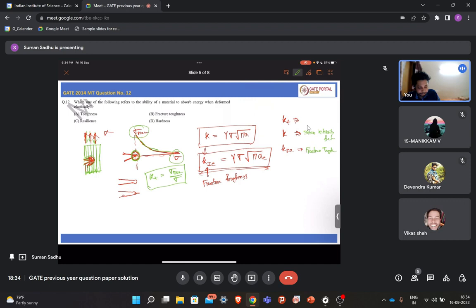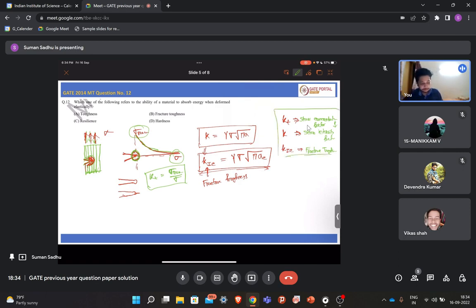This ratio is basically defining how much stress will accumulate near the tip of the crack. So it is called the stress concentration factor. So there are three different terms out there: one is stress concentration, one is stress intensity, and one is fracture toughness.